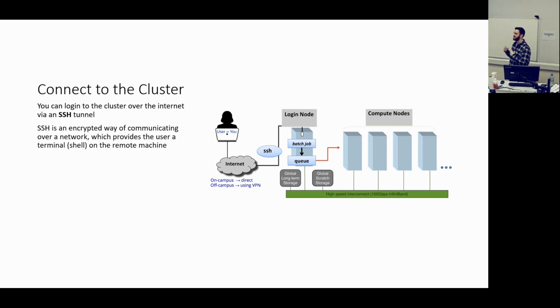And so all of the communication is encrypted, hence the secure part of the name. And what it gives you access to is basically like a terminal. Like if you opened up like a command prompt on your computer, it's like being able to do that on the remote machine, and you can execute commands from there.